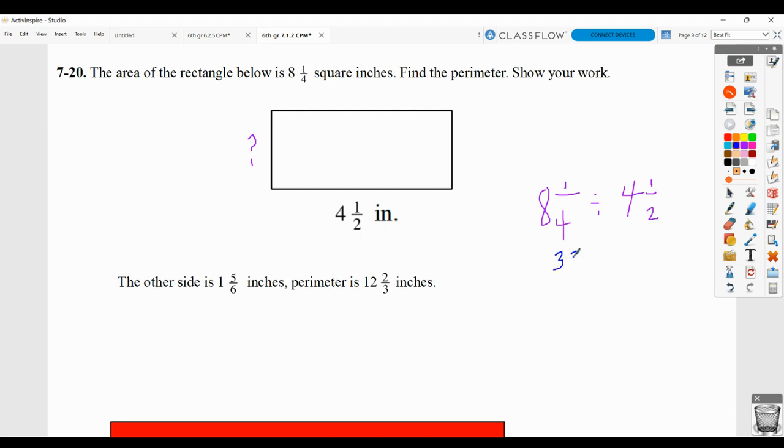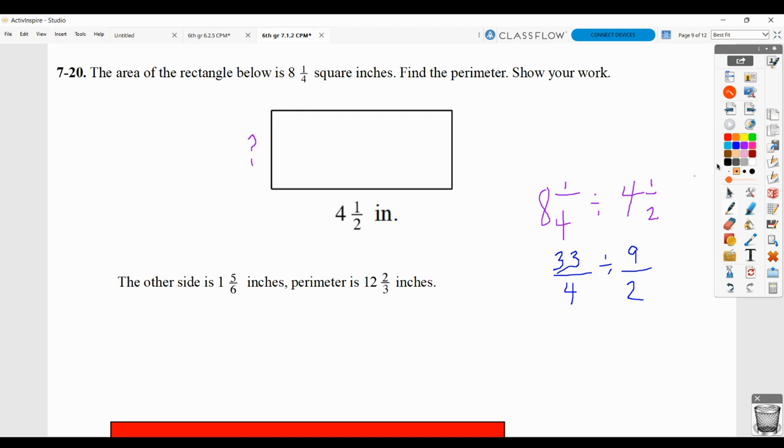So 33 fourths. Divided by, same thing here, denominator times whole number plus numerator over denominator. So 9 halves. And then remember, when you divide fractions, which is what you have now set up, you're going to do your keep, change, flip.